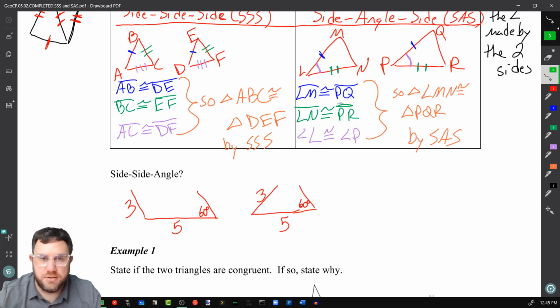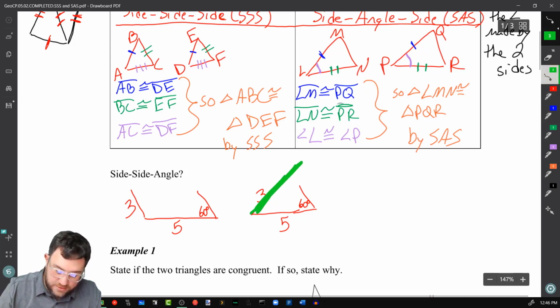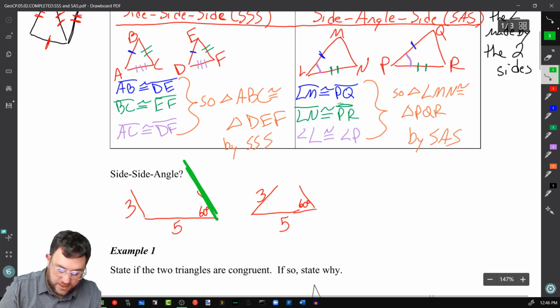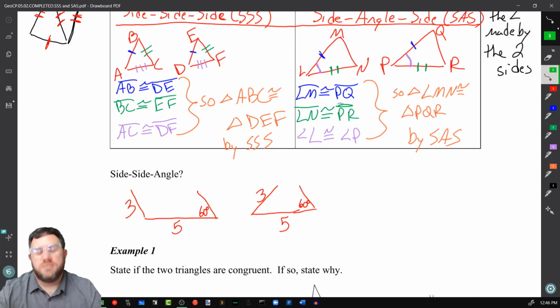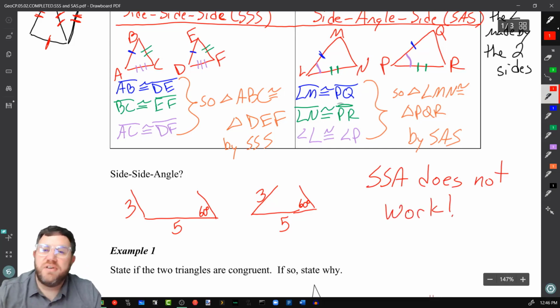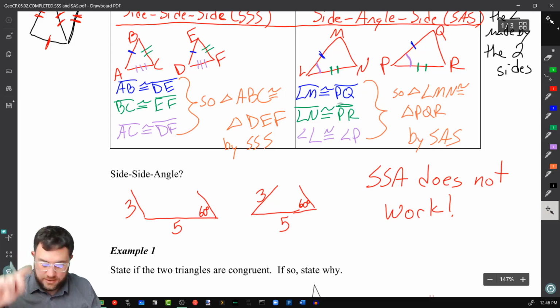They're both 60 degrees, so yes, they are congruent. So we have two sides and an angle here, but you can tell that this side, while it may touch this over here, this side doesn't look like it will ever connect with that. Side-side-angle does not work. There is never a situation where this is going to work. So just scratch it off your head. Side, side, side, side, angle, side.